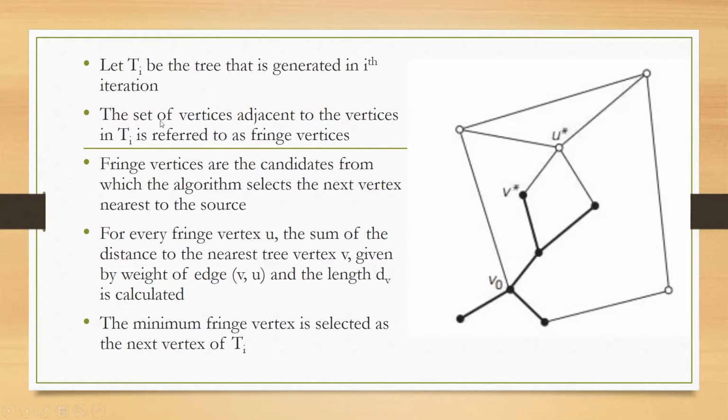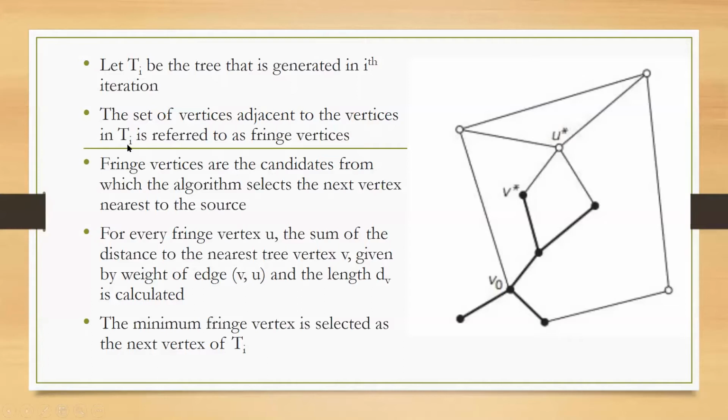Second point, the set of vertices adjacent to the vertices in Ti is referred to as fringe vertices. See, while learning Prim's algorithm, we learned about two sets. One is Vt, the other one is V minus Vt. Vt is the set of vertices in the subtree Ti at that moment.